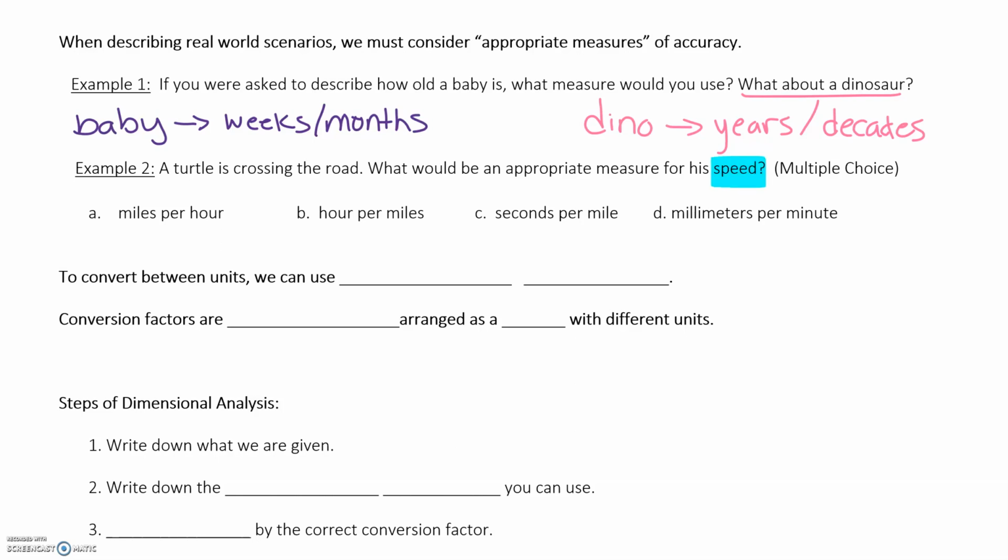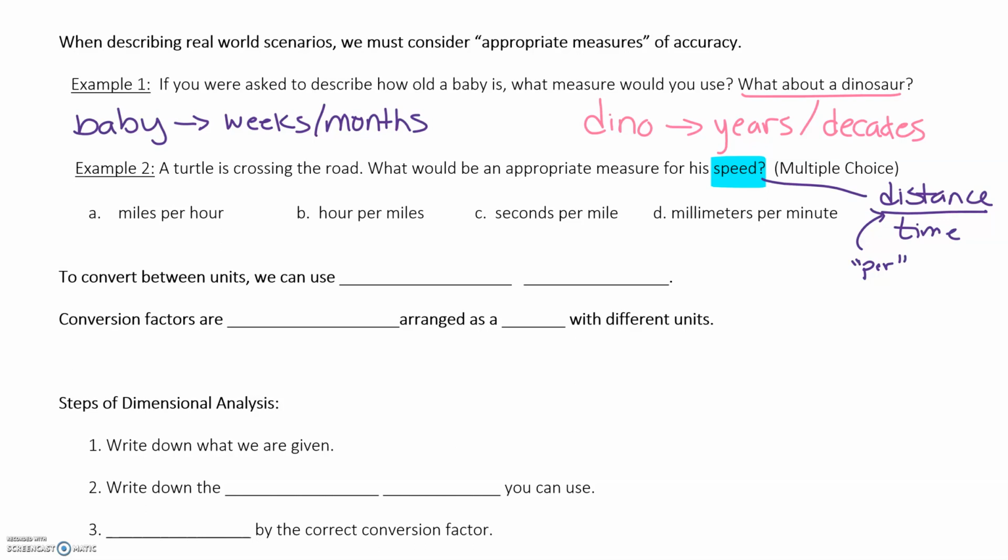We need to make sure that we understand speed is always a measurement of distance over time, or distance per time. We could call that line per, like miles per hour. Okay, it's always going to be a distance over a time.